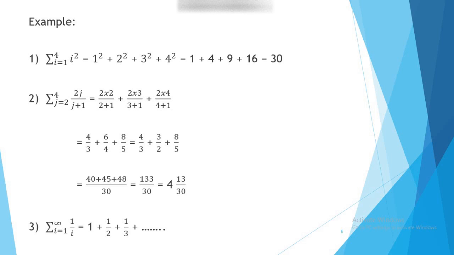If you simplify, you get 4/3 plus 6/4 plus 8/5. Simplifying that calculation gives you 133/30, which equals 4 and 13/30.